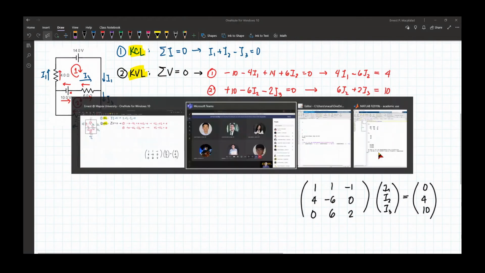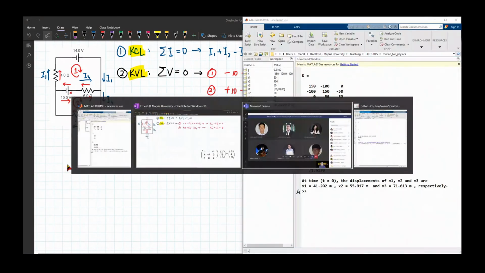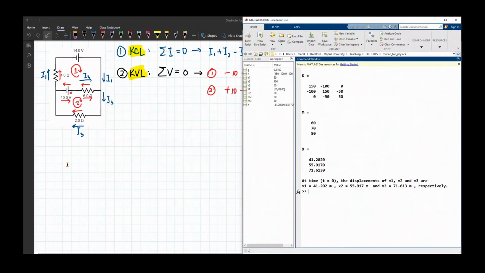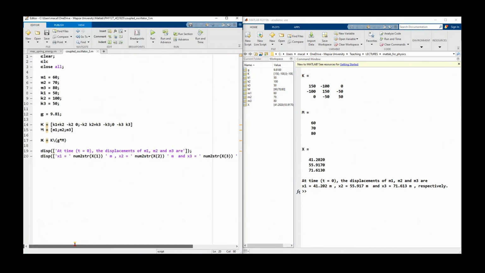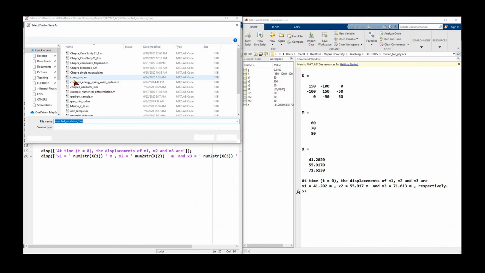And then to solve this, okay, so let's save. And then let's have another copy.